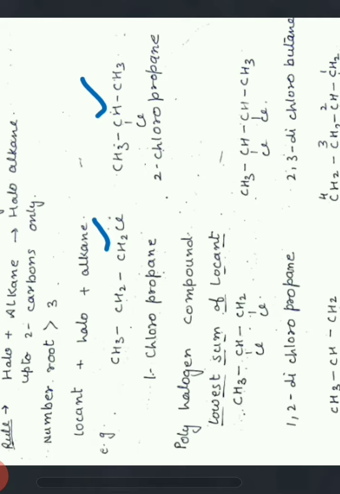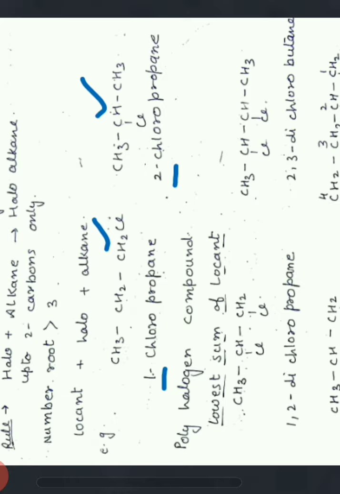In the first one, chlorine is present at carbon number 1, and in the second one, chlorine is present at carbon number 2. So if you don't write these numbers, the name of the compound will be incomplete, as it is not mentioning in which place the halogen is attached. So we will try to avoid writing chloropropane, rather we'll write 1-chloropropane, which will be more accurate.